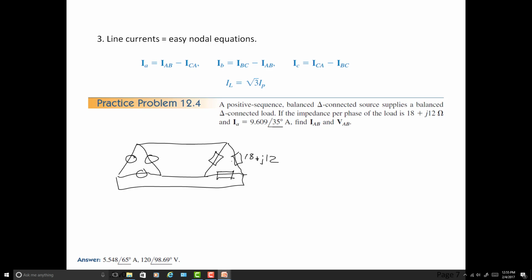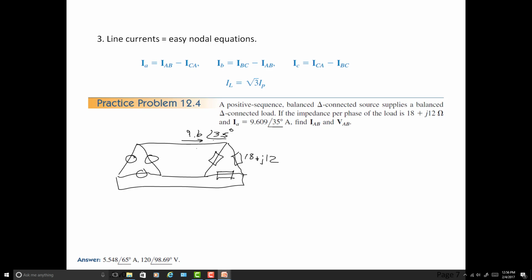What we want to find is IA, and we're given an IA right here, that's 9.6 at an angle of 35 degrees. Pick an odd one, of course. And what do we want to find?